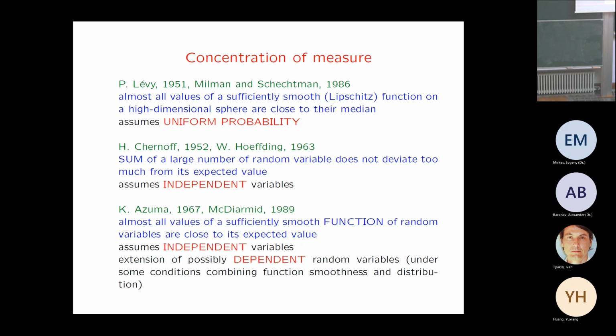progress was made by Azuma and McDiarmid, who replaced sums by functions of random variables, but of course, not any functions, but again, functions that satisfy various kinds of smoothness conditions. And again, most of these theorems hold for independent random variables.